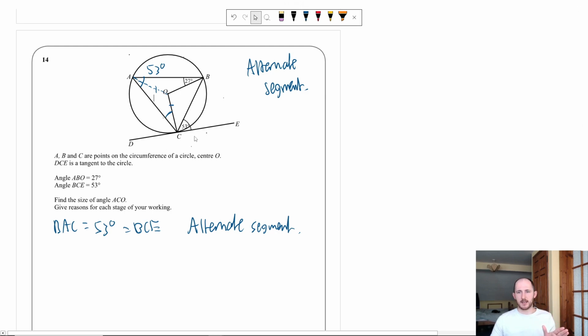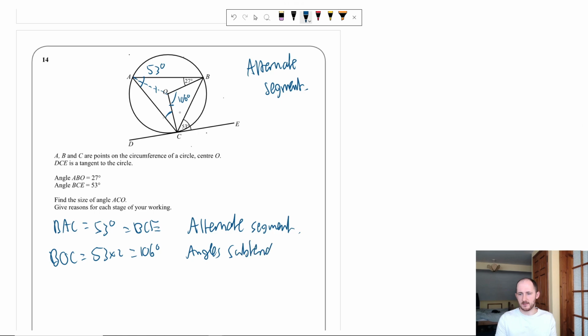So I'm a bit stuck here. There's a few things we can do. This 53, right? This would be twice that amount because angle subtended at the center, blah, blah, blah. So that's 106. Okay? So I'm going to say, we'll leave that as it is. All we need to do is write BOC, angle subtended at the center is twice that at the circumference.